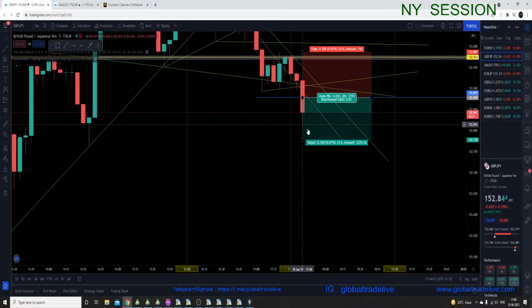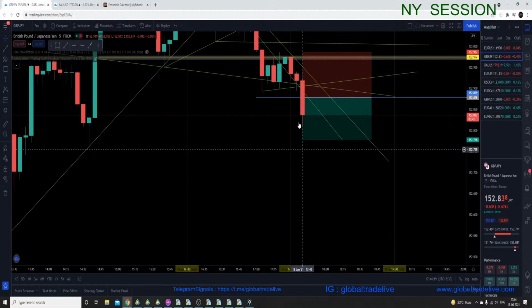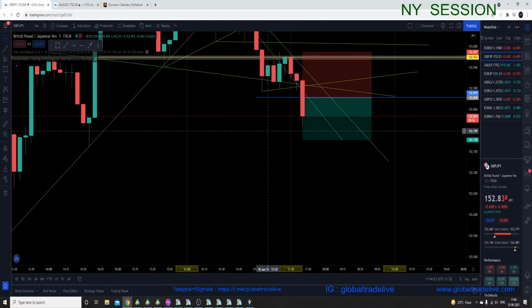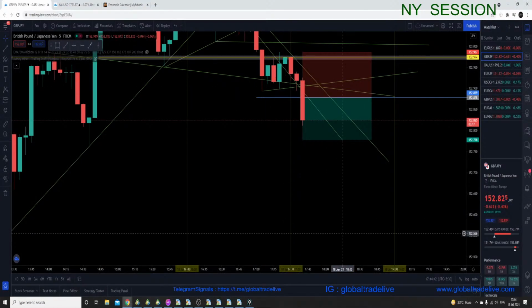Now if this candle closes below this resistance or trend line over here, then it should be moving all the way down. Because it's now having volume, and the 1-hour and 30-minute candles are stretching down now. So those can be the big candles which can go all the way down. 27 pips.